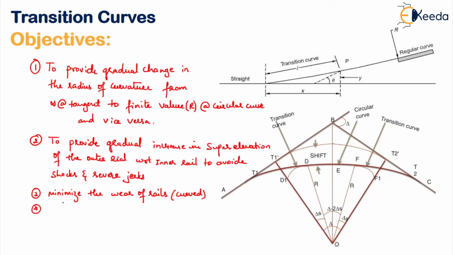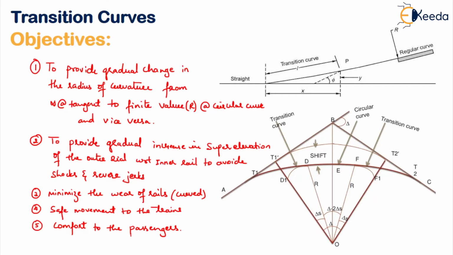Next, the fourth one is to provide safe movement to the trains. And the last one is to provide a comfortable journey to the passengers due to smooth running of the trains. For all these objectives, we need to go for transition curves.